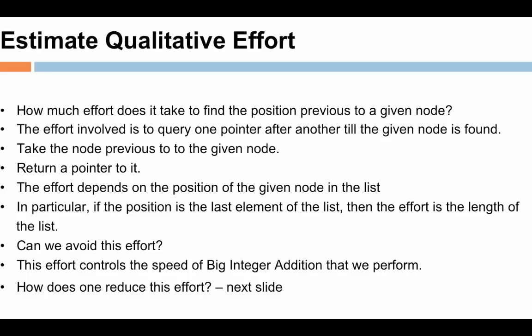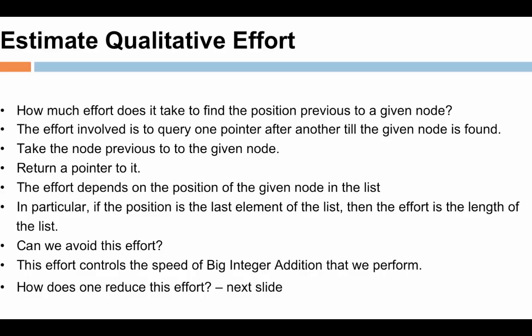So let us just look at a simple exercise that we repeatedly performed while adding a large number. Recall that the addition was from the rightmost digit, otherwise the least significant digit, and we moved towards the left repeatedly, adding the individual digits, keeping track of a carry that gets generated.